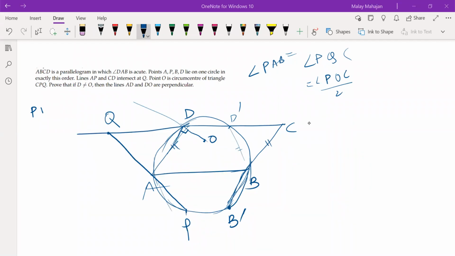Since you have BC parallel to AD, we have that BB dash AD is an isosceles trapezoid. And now in this condition, AD perpendicular to DO is the same as proving DO perpendicular to BB dash, or B dash C, whatever.